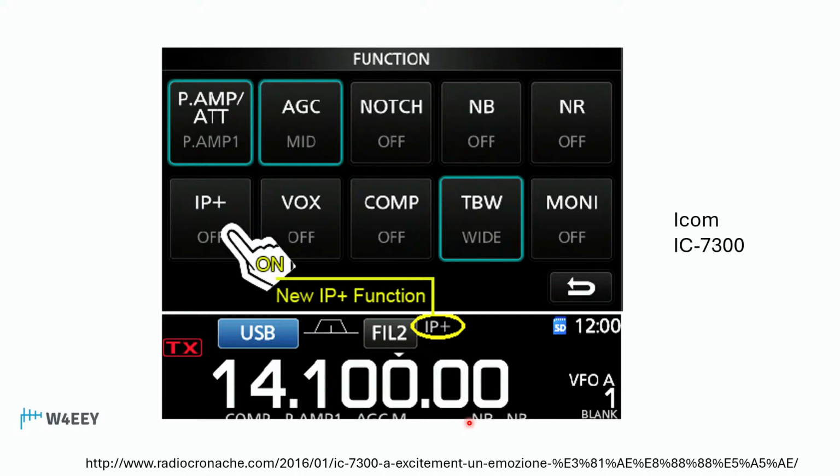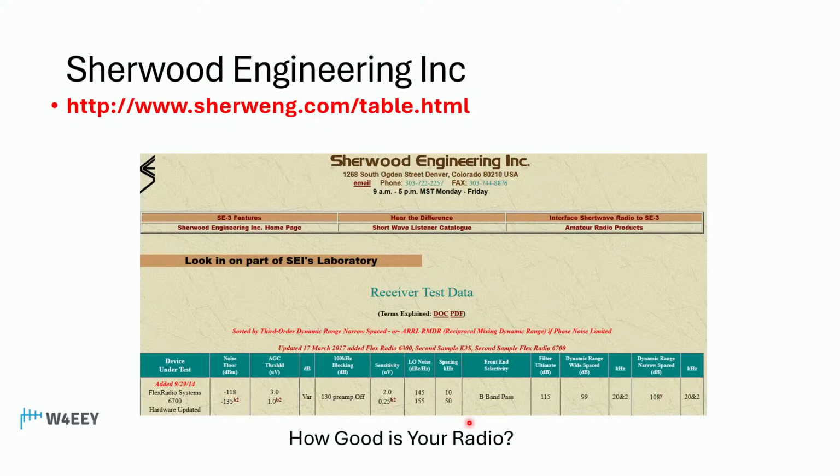And if you don't know about it already, you probably do: Sherwood Engineering, Rob Sherwood, has put together his famous table of receivers or transceivers. They're rated or sorted based on reciprocal mixing dynamic range, the dynamic range of the radio that can be used in contest conditions. So take a look. Really, the numbers are different, but the first 20 radios on the list are probably equally as proficient.